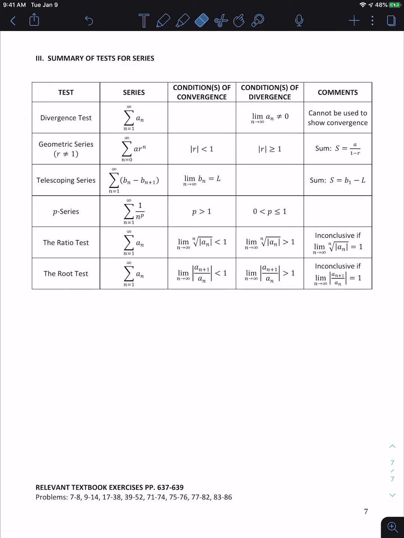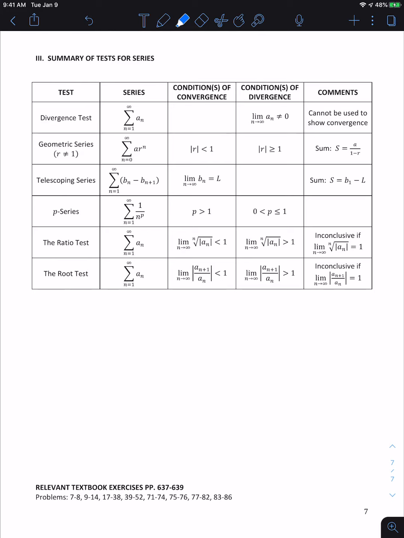If the limit as n goes to infinity of a sub n goes to 0, then nothing happens. We've got to do more work. But if it doesn't go to 0, then we're done. All of our work is done. We already know it diverges. So that should be the first test we do.